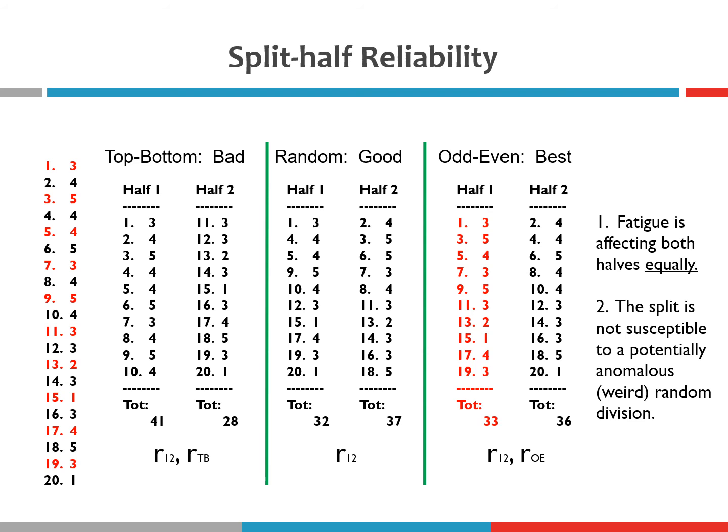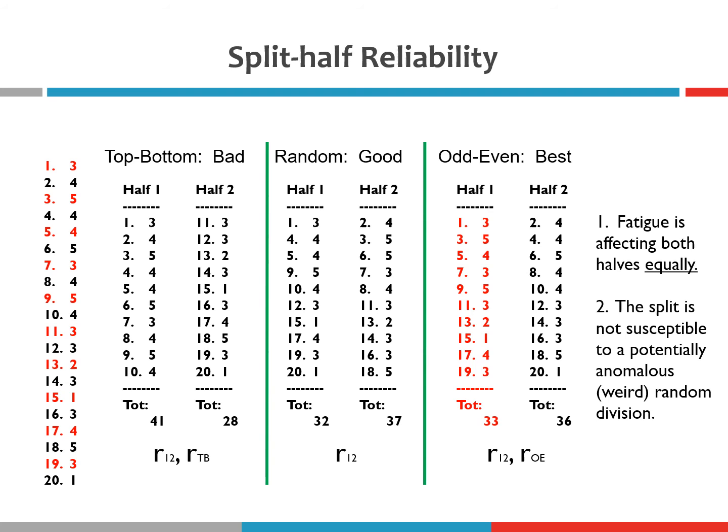So we've got some questions that were subject to fatigue in half one and some that weren't, and the exact same for half two. Some of the questions that were near the end and some that were near the beginning.